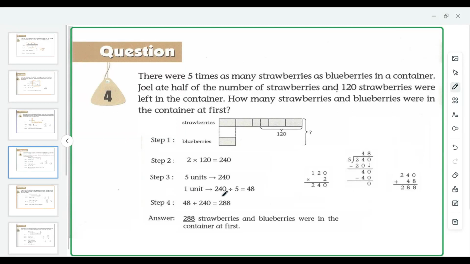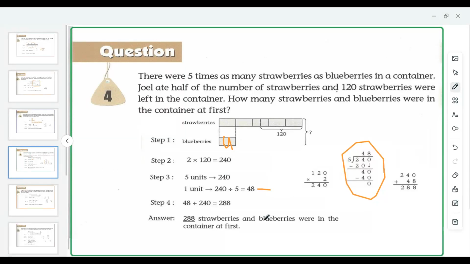Then 1 unit is 48. We worked it out from here. Okay, this one. Then now we know 48 is 1 unit, right? 48 is 1 unit.